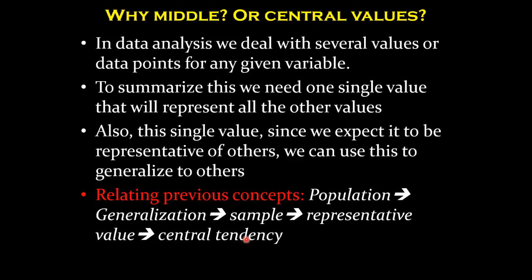You see the logic? You have this big population, take a sample that is representative of the population, and take an average representative value from the sample. That means this average is representing everyone in the sample, and the sample is representing everyone in the population.